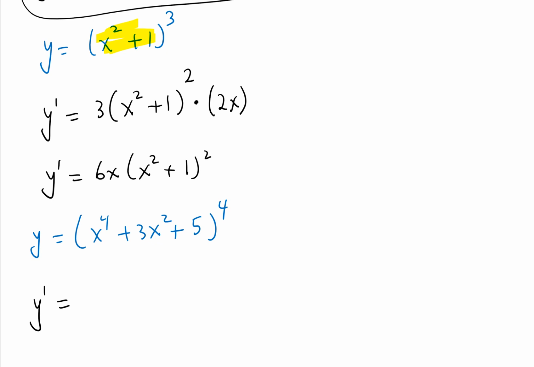Same thing, that's what I did here. I brought the 3 down, x squared plus 1 to the second power times the derivative of the yellow part, which is 2x plus 0, or 2x.